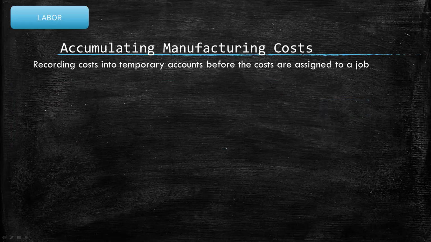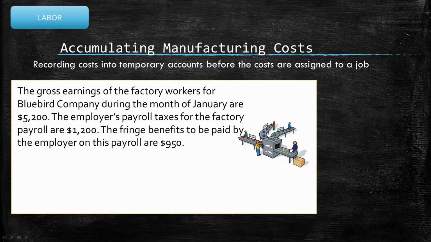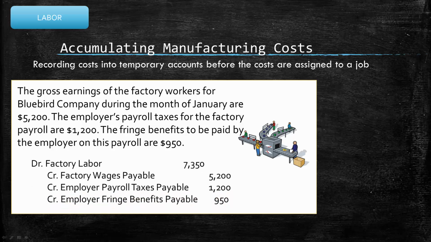Next, let's look at labor. The gross earnings of the factory workers for Bluebird Company during the month are $5,200. The employer's payroll taxes were $1,200 and fringe benefits were $950. So again, these are people working in our factory, so they are manufacturing costs, but we don't know yet what they've worked on. So we're going to accumulate the total of all of those costs into the factory labor account.